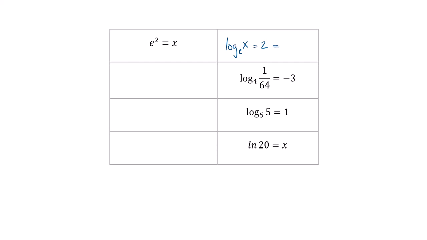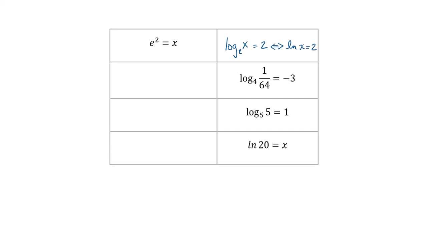Now, this is equivalent to saying the natural log of x equals 2. The natural log automatically has this base e, so we don't have to write that in. The natural log is reserved specifically for a base e logarithm.